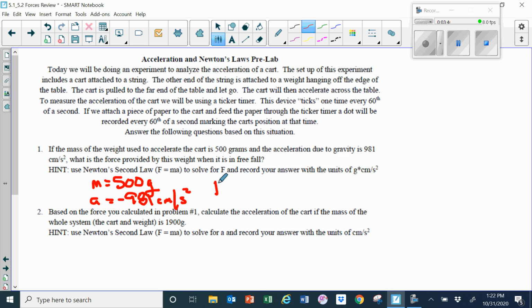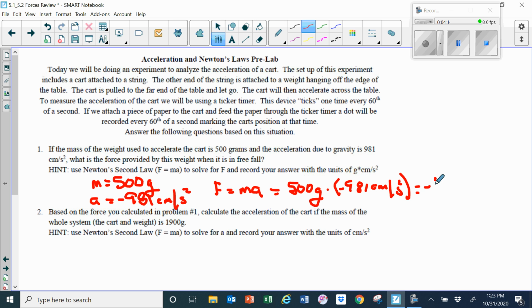So net force equals ma. I'm going to change the units to different units than we normally use. This will be 500 grams, and the acceleration is minus 981 centimeters per second squared. If you multiply this out, it's going to be a big number.